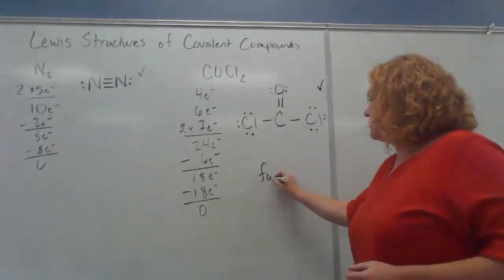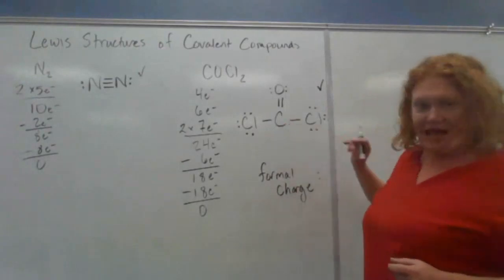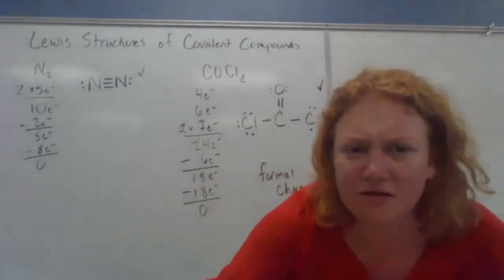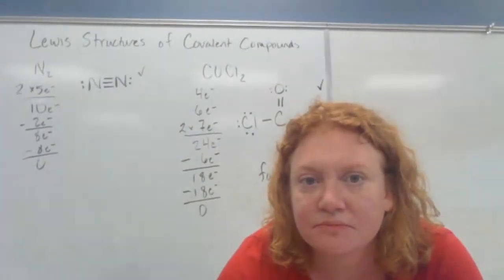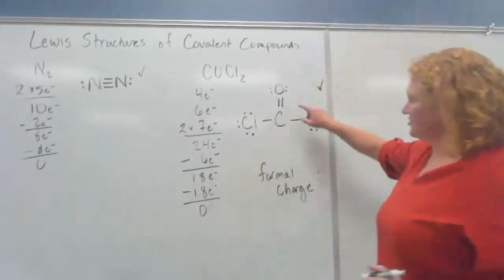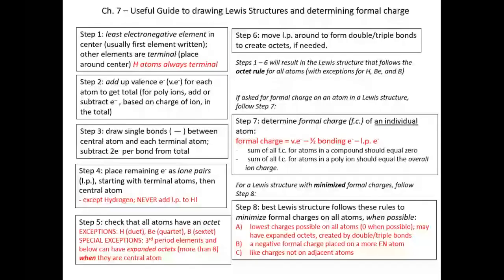If we calculate something called the formal charge of an atom in a Lewis structure, we are using a little formula where we take the number of valence electrons for that element, subtract half of the electrons that are bonded to it, and then subtract the number of lone pair electrons.